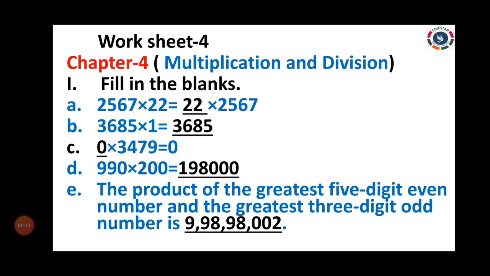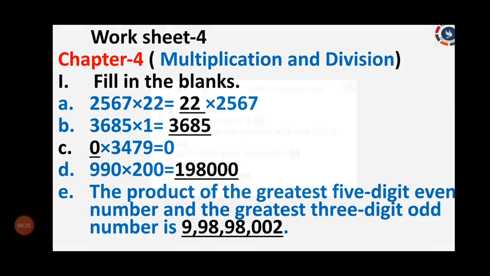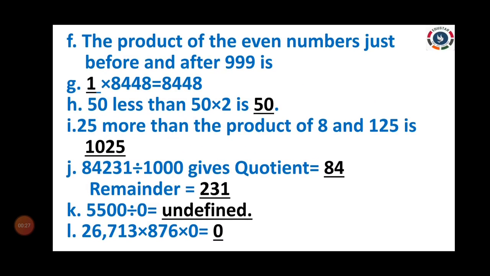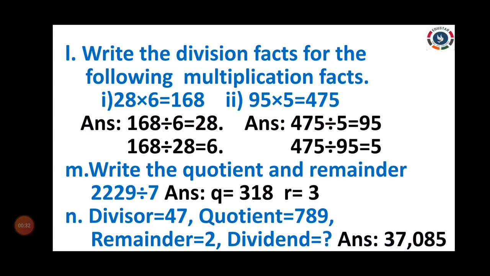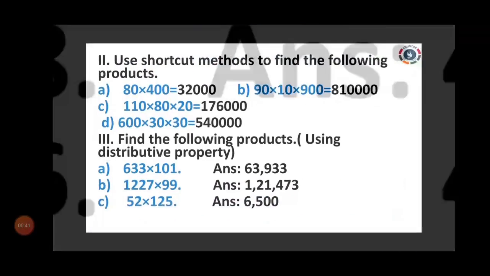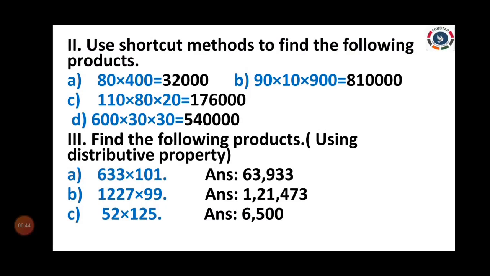Worksheet number 4, chapter number 4, multiplication and division. Row number 1, fill in the blanks. Take a snap and check your answer with your answer sheet. I gave up to n for Roman letter 1. Then Roman letter 2, use shortcut methods to find the following products.